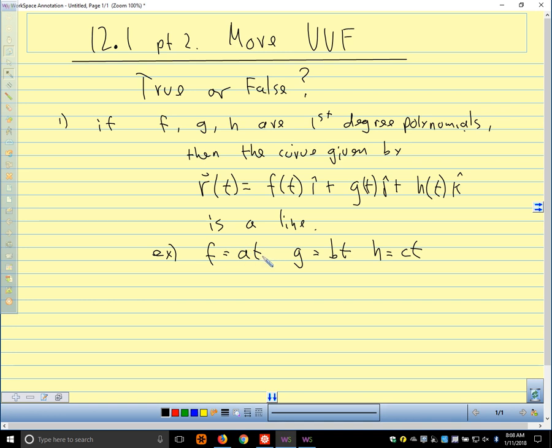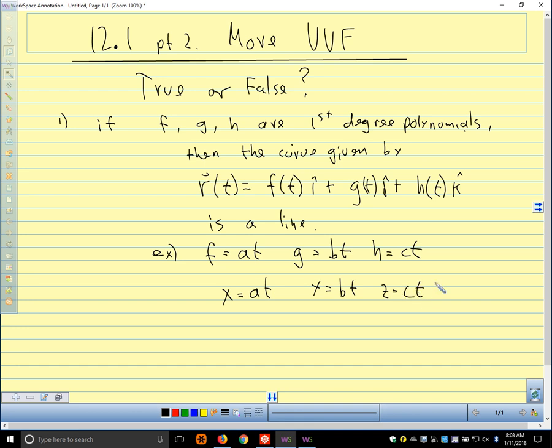We could add a constant on there, but those are nice linear polynomials. So from the vector valued function, this says that x equals at, y equals bt, and z equals ct.